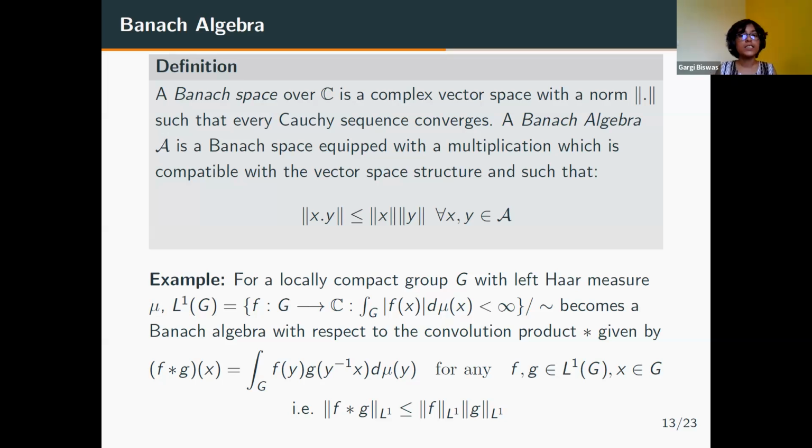So this L1(G) becomes a Banach algebra with respect to the convolution product star, given by this formula again: (f * g)(x) is the integration of f(y) g(y^{-1}x) dμ(y). And we can also show that the L1 norm of f * g is less than or equal to the L1 norm of f times the L1 norm of g. So that makes L1(G) into a Banach algebra.